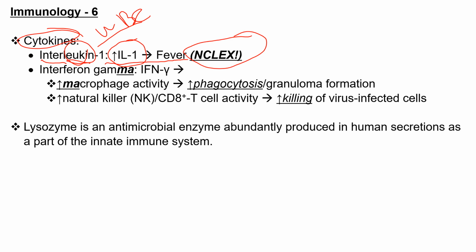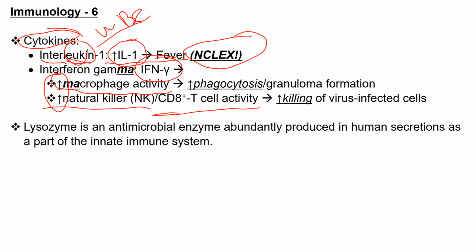The other interleukin analog, also a cytokine, is called interferon gamma, a hormone that cells use to talk to each other. So interferon gamma has two activities that you want to know. It talks to macrophages, increasing macrophage activity, and it also talks to two kinds of lymphocytes: the T cells that are cytotoxic, CD8 positive T cells, and the natural killer cells.